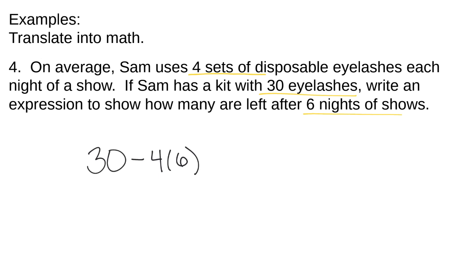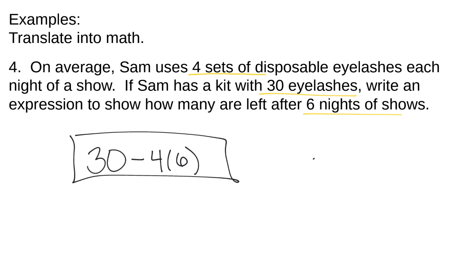So for each night of shows, he uses 4. So 4 times 6 would tell us how many he's used, and we need to subtract that from how many he started with. So our expression would be 30 minus 4 times 6.